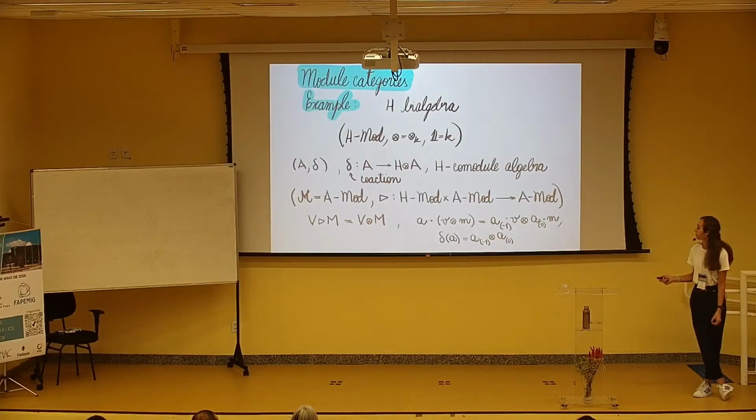To act on someone here, you have to use the delta, the co-action. So you act on the first part and then act on the second one. This is just using this guy. So you can construct a module category over this monoidal category, okay?